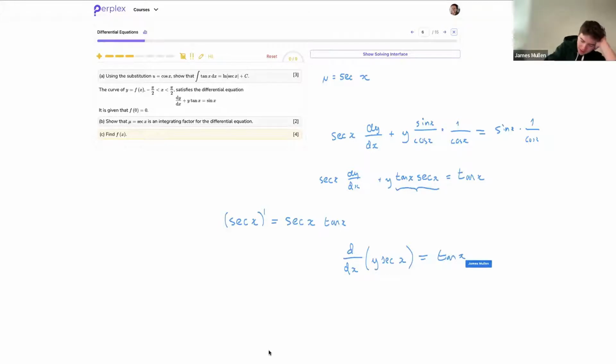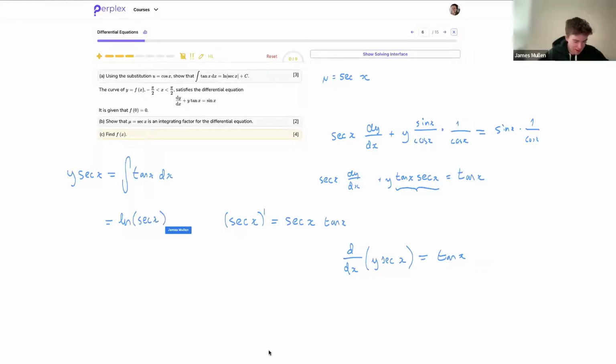And then I can say, therefore, that y secant of x is equal to the integral, I'm just integrating both sides here, integral of tan of x dx. Okay? And we know what the integral of tan x now is. We said it was equal to ln of, and we don't need the absolute value because we're still in this range where secant is positive. So just ln of secant of x.